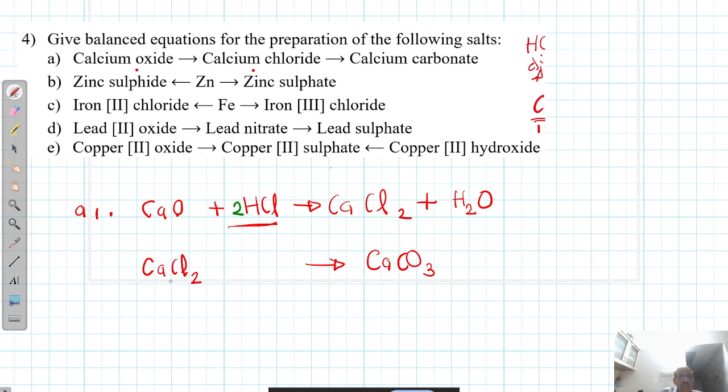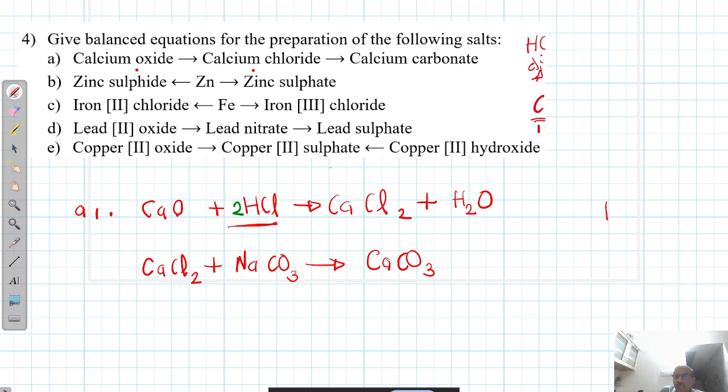Now, next one. CaCl2, add something here, so you get CaCO3. To get CaCO3 from calcium chloride, you want to add, better you add sodium carbonate or any metal carbonate. You have to add a carbonate that will replace the calcium, I mean, a highly active metal.